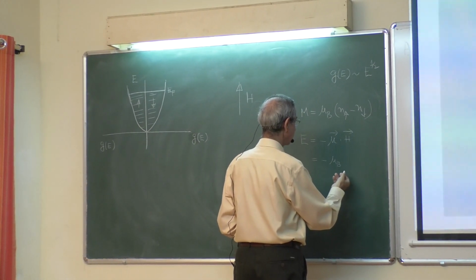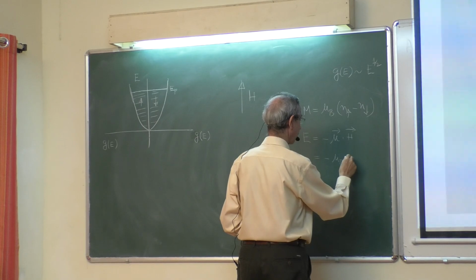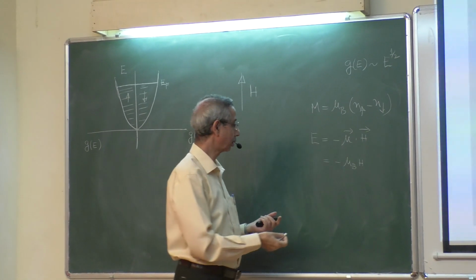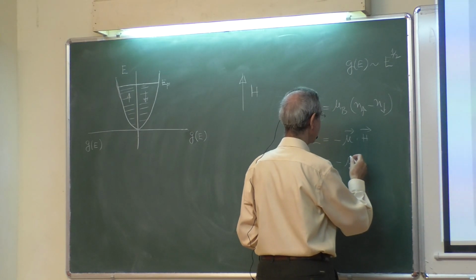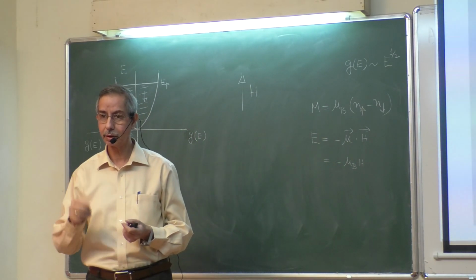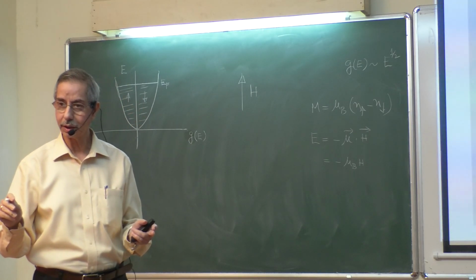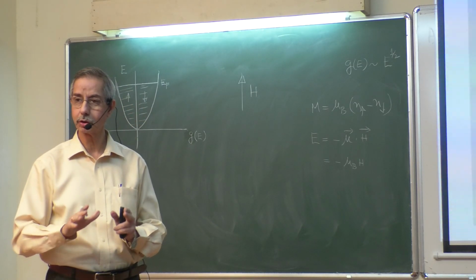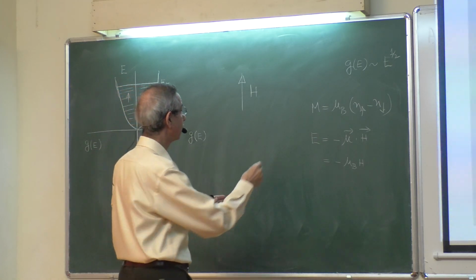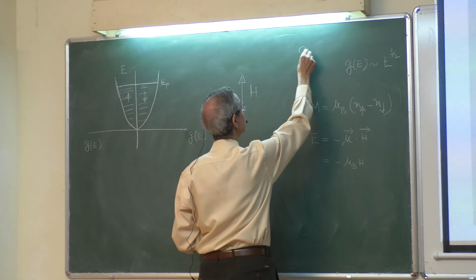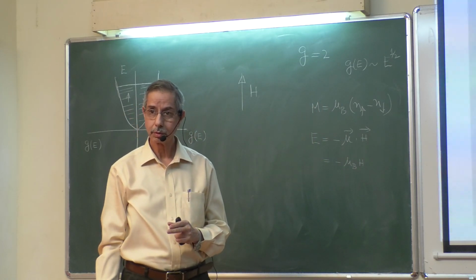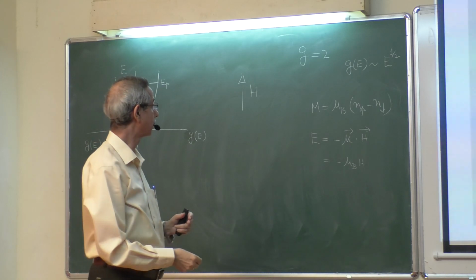So it's just minus mu beta H. If I'm dealing with only spins, we will ignore completely the orbital motion of electrons and concentrate only on the spins of the electrons. And so the g factor is 2, because this is the spin-only value of g.